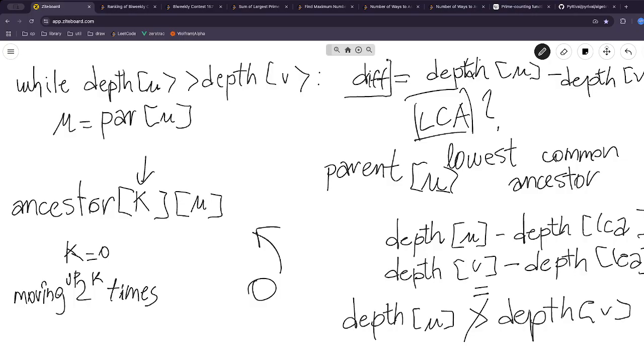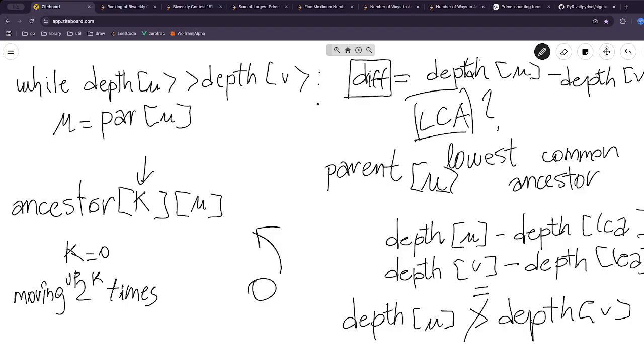And so now we know exactly how many times we need to move up, but we can always decompose numbers into powers of 2, right? That's what writing numbers in base 2 is.